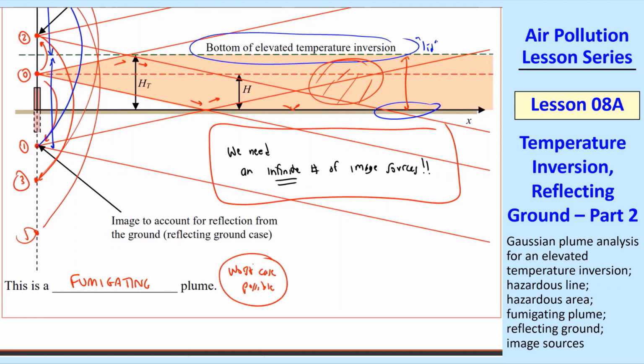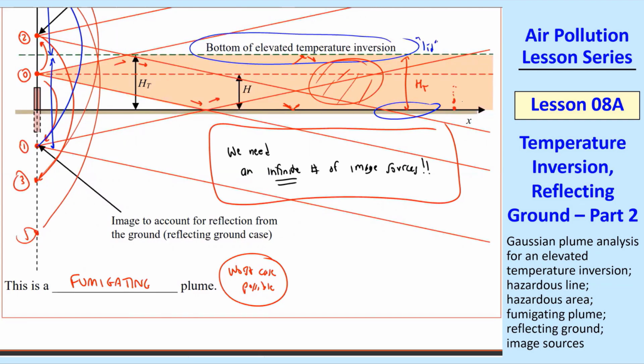It has nowhere to go vertically once it fills up that entire distance, which we call HT. Once it fills up HT, it's trapped there. Since everything hitting the ground is reflecting, everything hitting the temperature inversion is reflecting, you have the worst possible case. This would give you the biggest mass concentration of any of our plumes that we've talked about, on ground level or anywhere else, any other elevation within there.